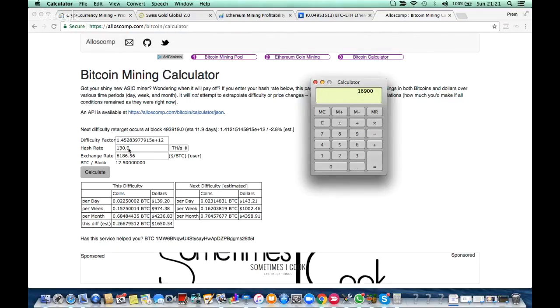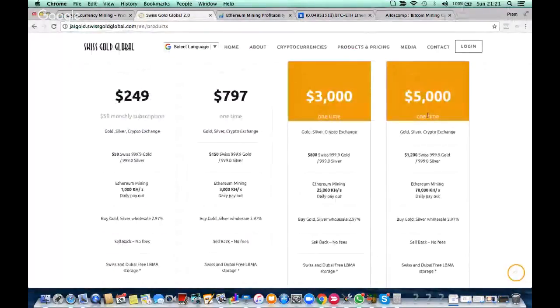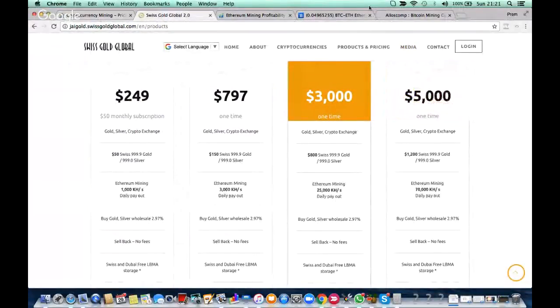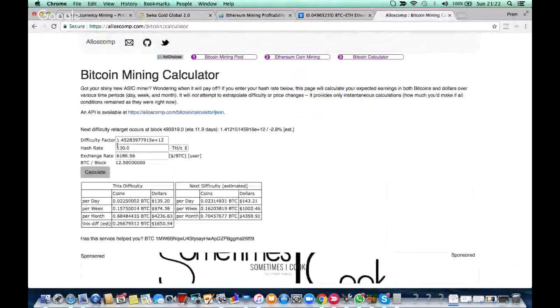Now, 130 terahash is a lot of money to buy. $17,000 is a lot to invest for a lot of people. But this is why we have the bonus structure. If you were to refer just one of these $5,000 packages, you've got yourself 3 terahash of mining power as a bonus. That's your bonus, 3 terahash, not 5.